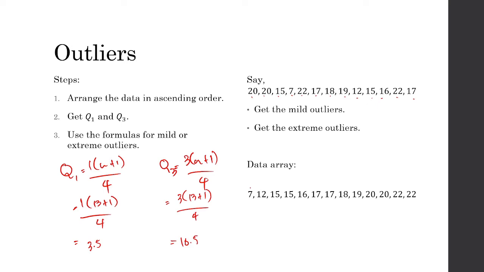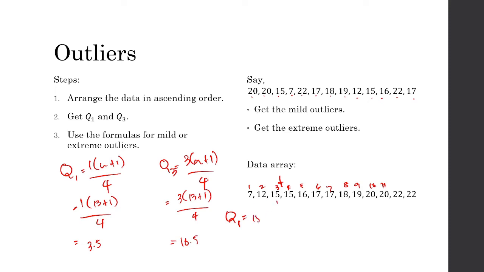So dito tayo sa data array natin, we have here 1, 2, 3, 4, 5, 6, 7, 8, 9, 10, 11. So, for our first quartile, andito siya sa gitna. And since both are 15, our first quartile, hindi ko na ininterpolate, class ha. Pero kung iinterpolate nyo, ganito magiging itsura niya.